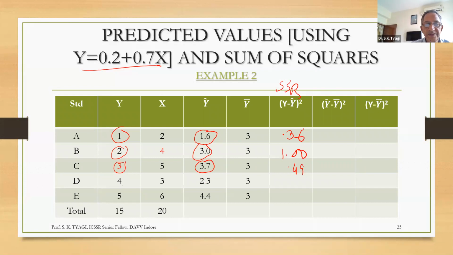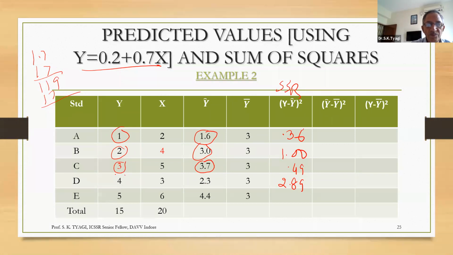4 and 2.3, difference is 1.7. 1.7 multiplied by 1.7 is 2.89.